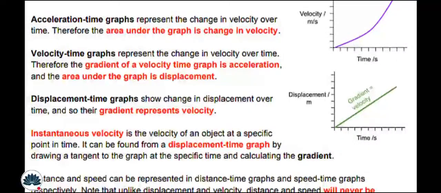A tangent is basically a line. We will also understand this in the maths chapter on angles and properties of circles, where a tangent is a straight line that does not go inside the circle but touches the circle at a single point.